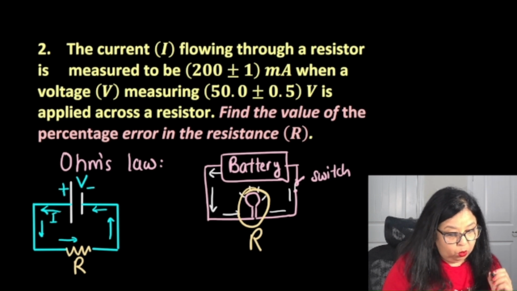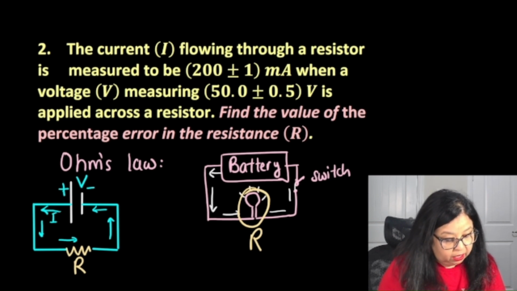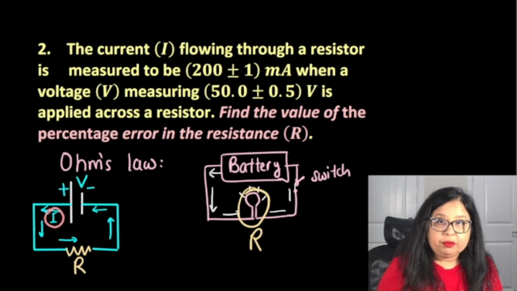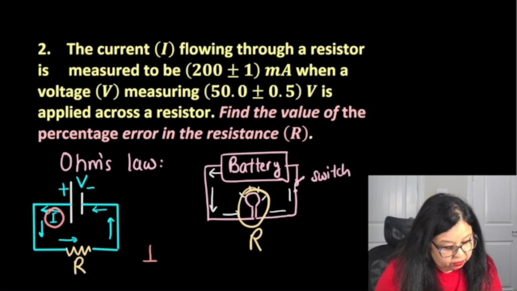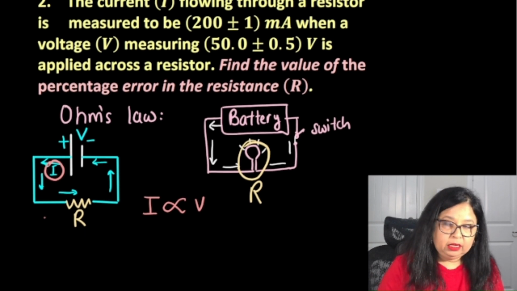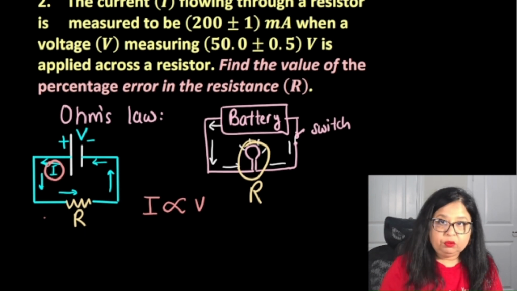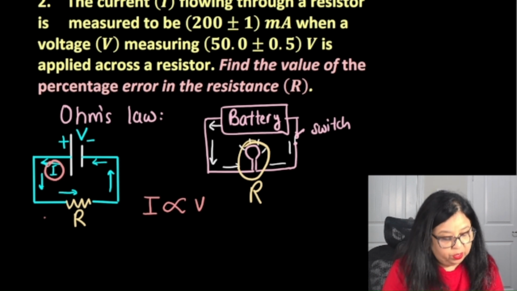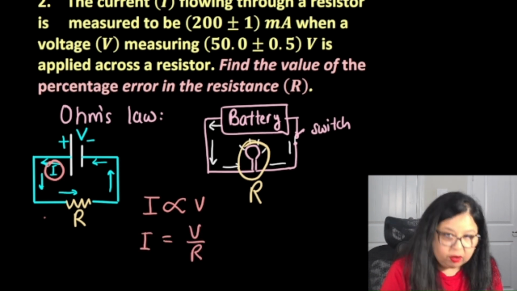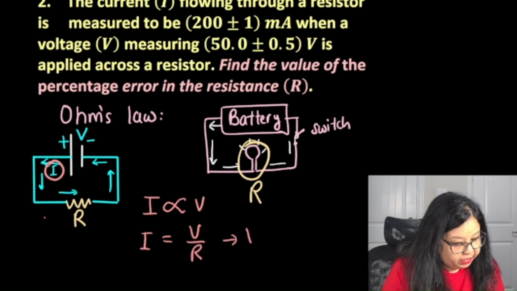Now Ohm's law says that the current I, that's flowing through the circuit, is directly proportional to the voltage applied, okay? And it is inversely proportional to the resistance. So when you put those things together, you get I equals V over R, which is often written as V equals IR.